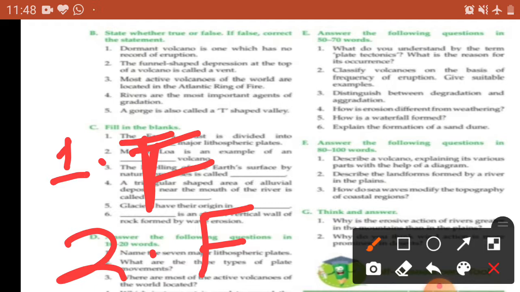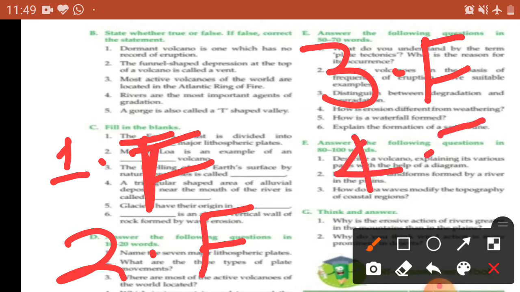Third one is, most active volcanoes of the world are located in the Atlantic Ring of Fire, and this is also false. Fourth one, rivers are the most important agent of gradation, and this fourth statement will be true.